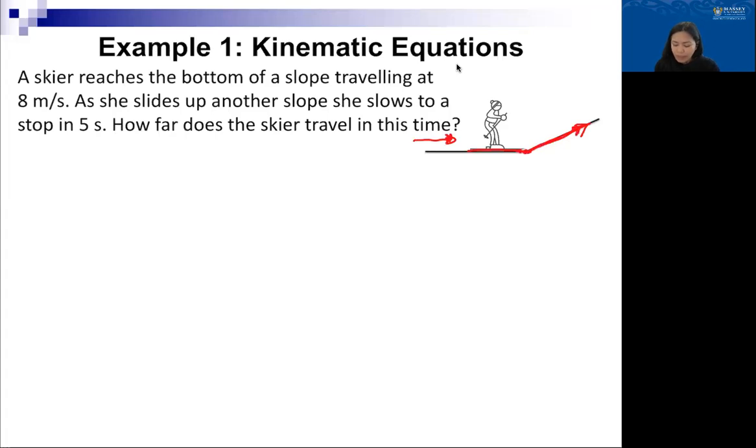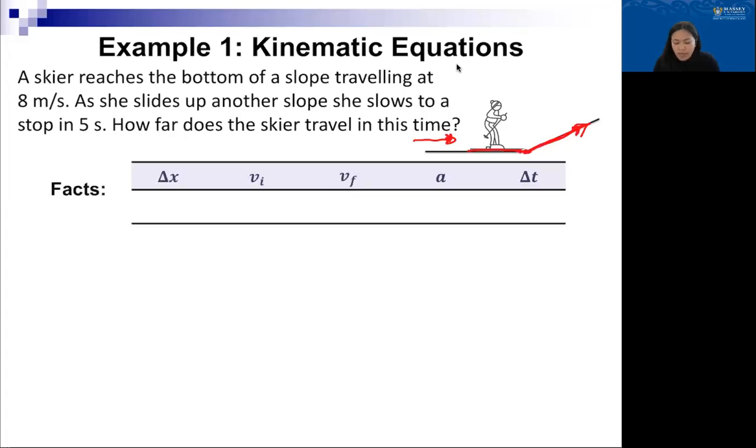All right, so with any worded problem, it's more convenient to write down what we know, what we're given in the problem. Those will be our facts. Can we find delta x from the problem? Meaning, is delta x given in the problem?